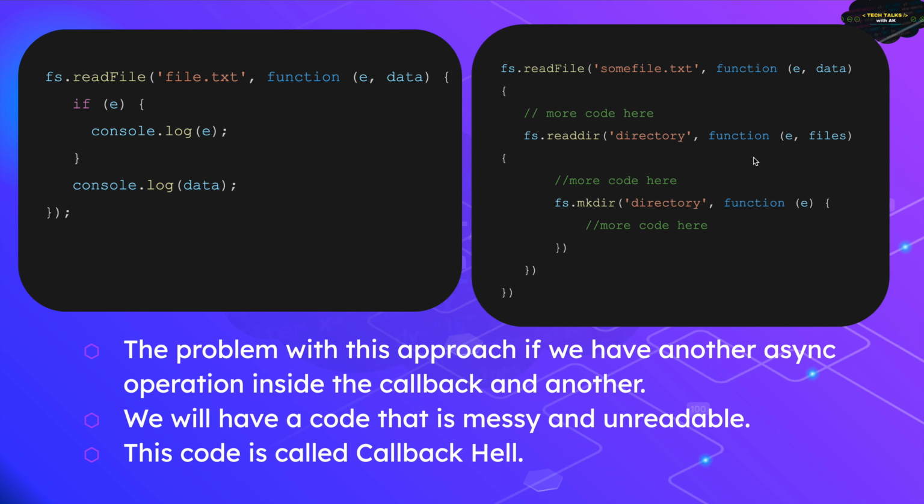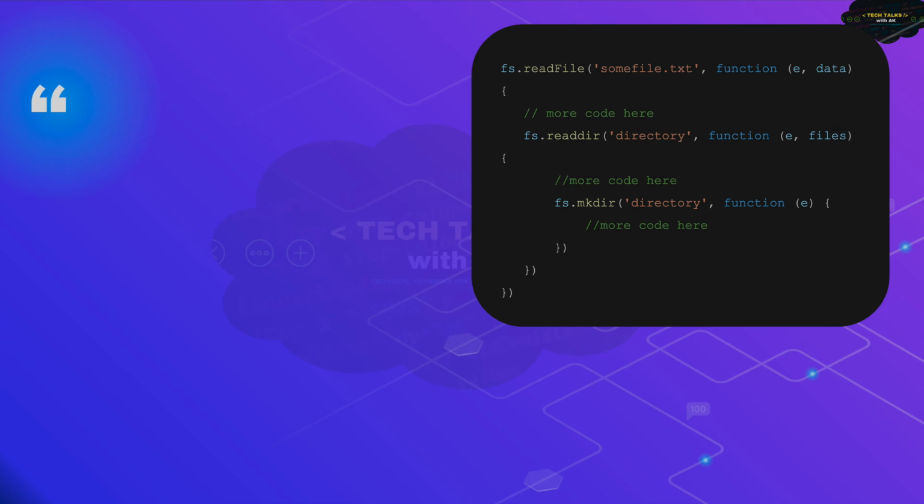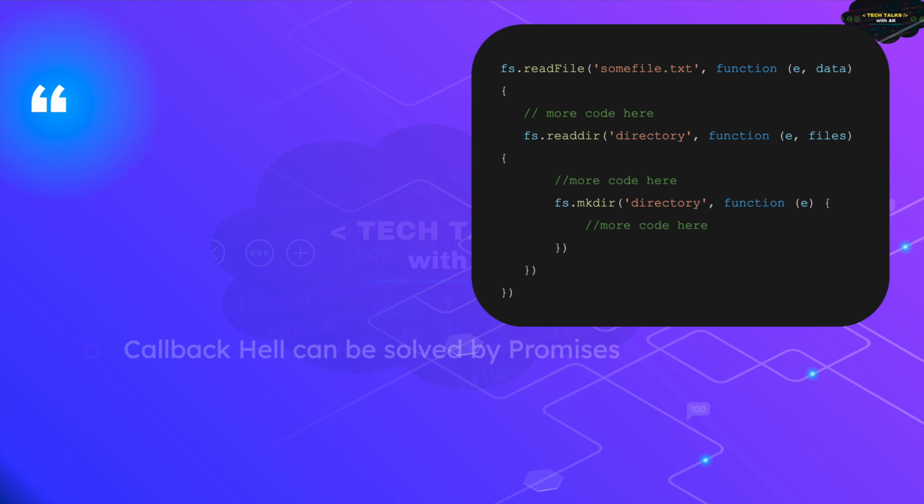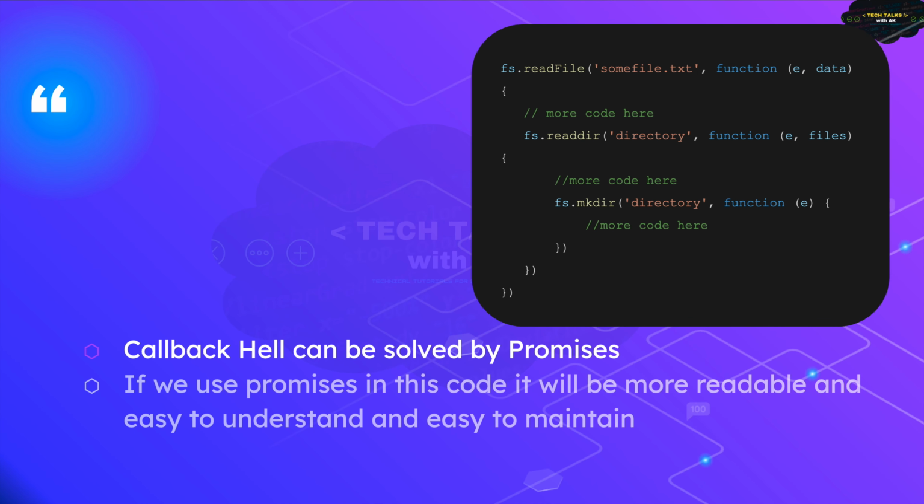So if we have a callback inside another callback, then another callback, then another callback, this kind of code we call callback hell. This problem can be solved using promises, or at least we can make it look cleaner and simpler using promises. If we use promises in this code, it will be more readable, easy to understand and easy to maintain.